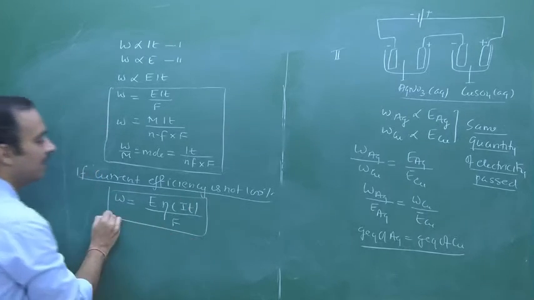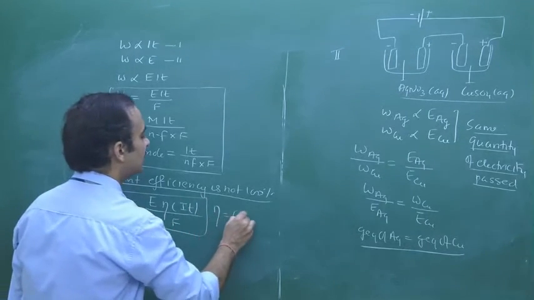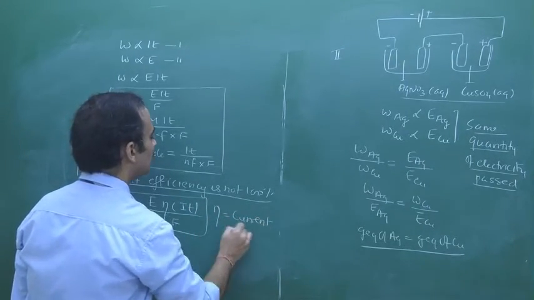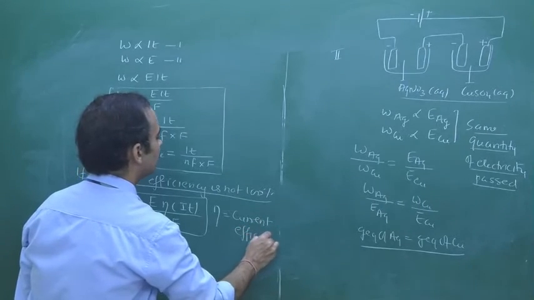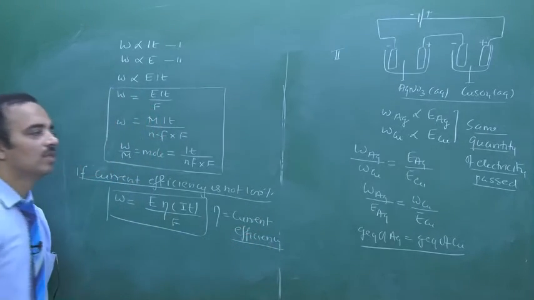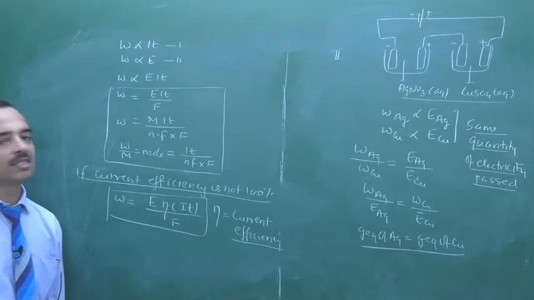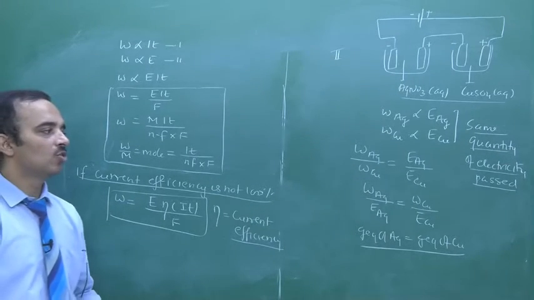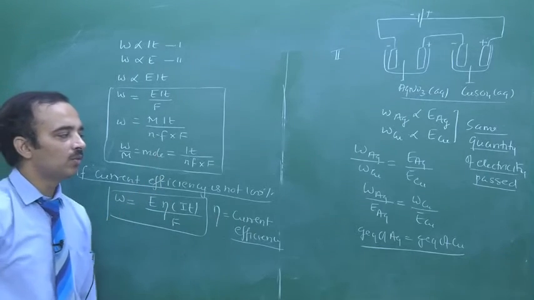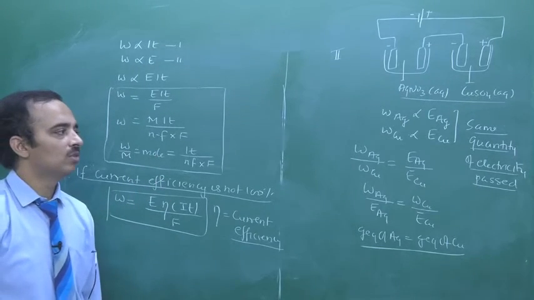What is eta? Eta is current efficiency. Is it clear? So beta, now let us do some numericals on this topic. All of you note it down. Till then, let me check your doubts.